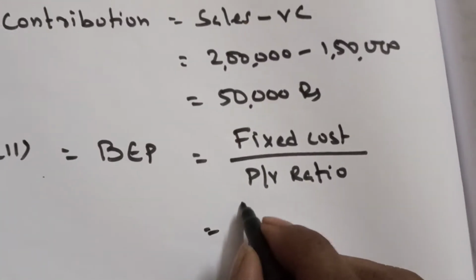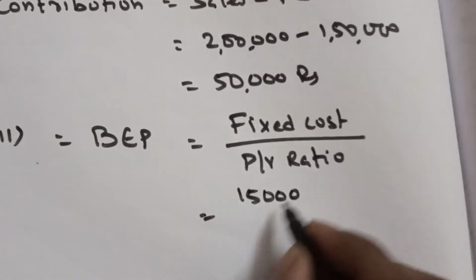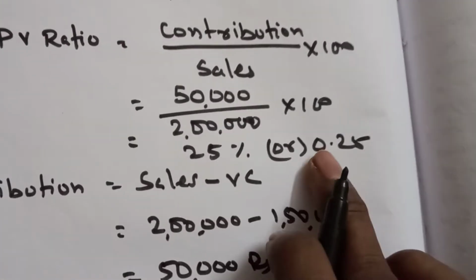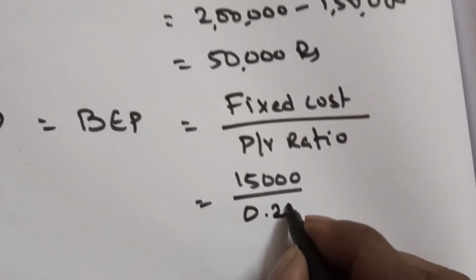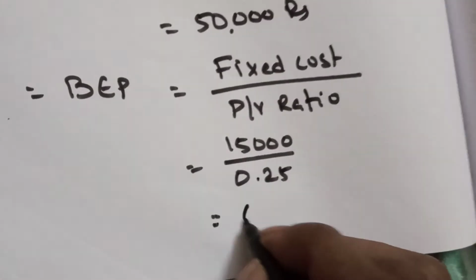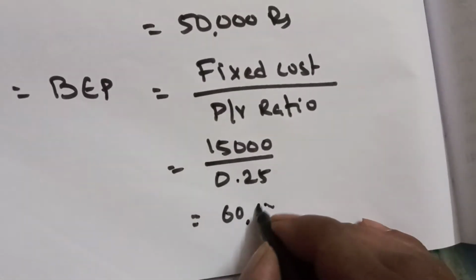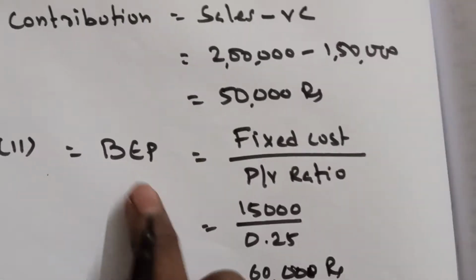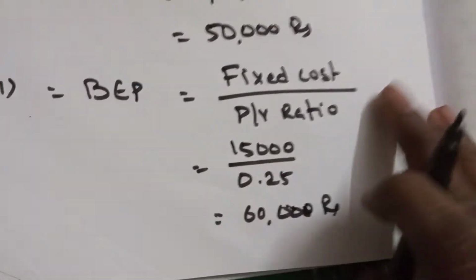So we write 15,000 by PV ratio. We already found the PV ratio, that is 25% or 0.25. So we will get 60,000 rupees, that is the break even point.